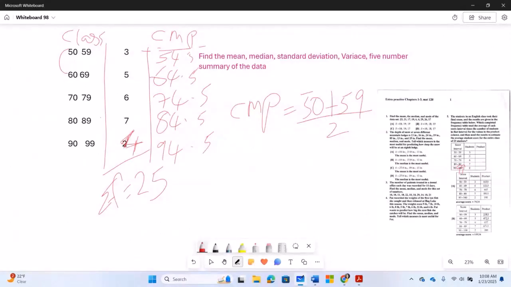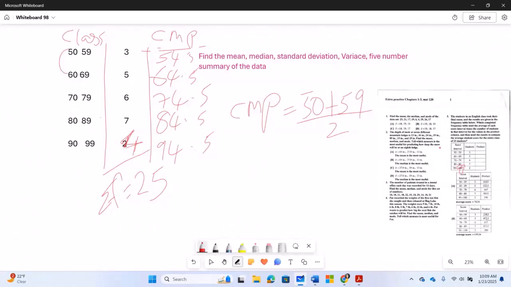So they want me to find the mean, the median. What is the mean of that test? What is the median of that test? What is the standard deviation of the test? So I'm told to find a lot of things. Another thing I could be told to find is, is the data skewed?